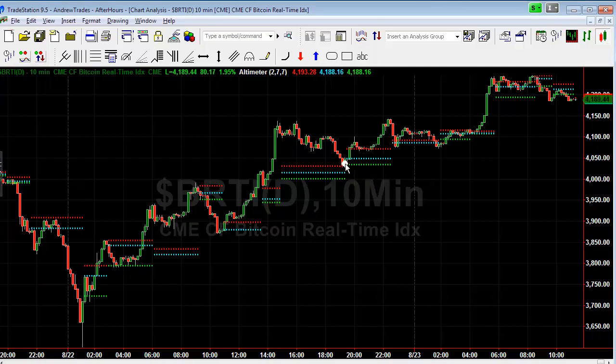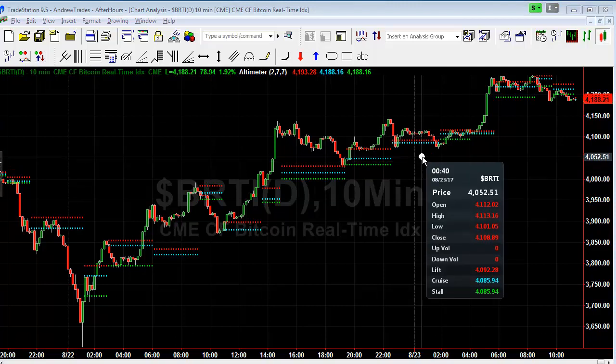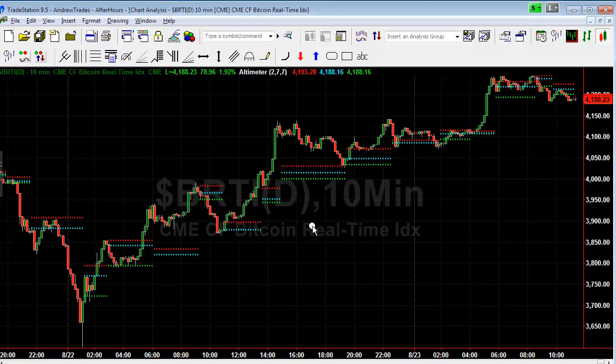You could have bought right here at about 4,034, and it would have kept you in that trade all the way to about 4,095. You can see that going on in a variety of ways, so this can be used very simply.